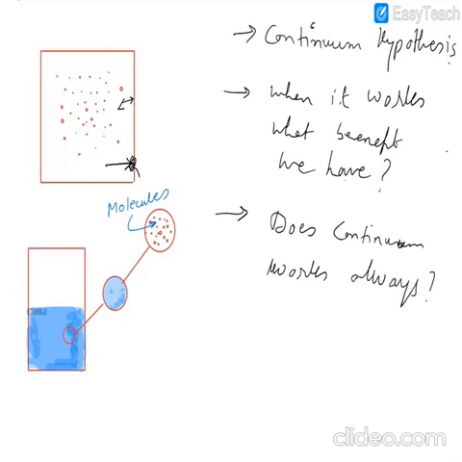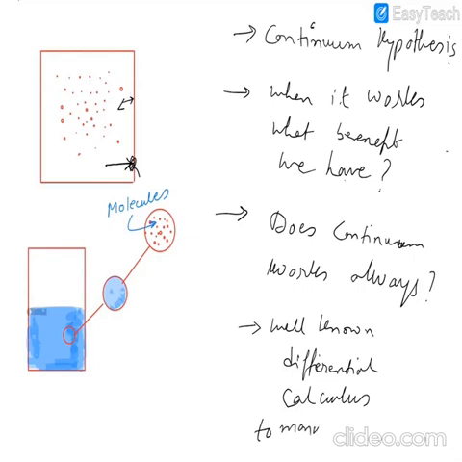Now if this continuum works always, then we can use well-known differential calculus to manipulate properties.